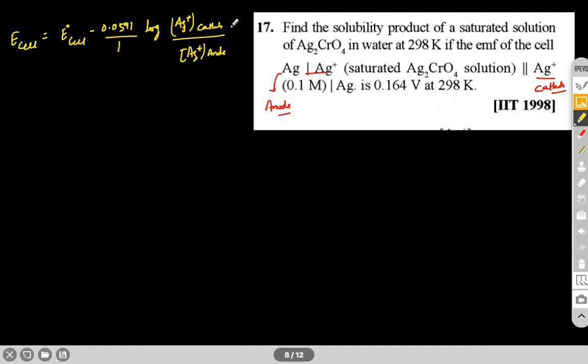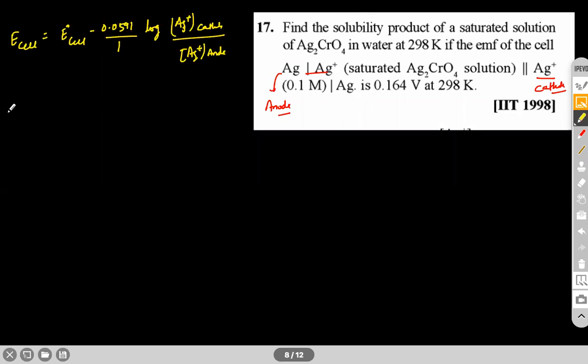Now, the Ag+ cathode concentration is given as 0.1, right? Since we need to find the solubility product, we have to find the concentration of Ag+ on the anodic side.